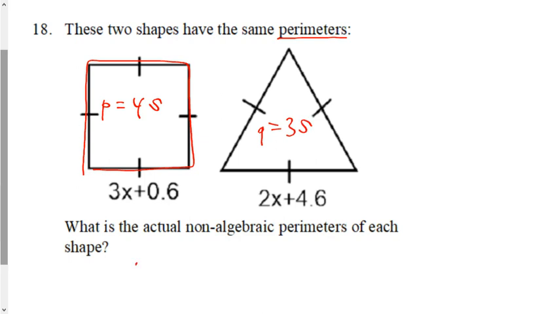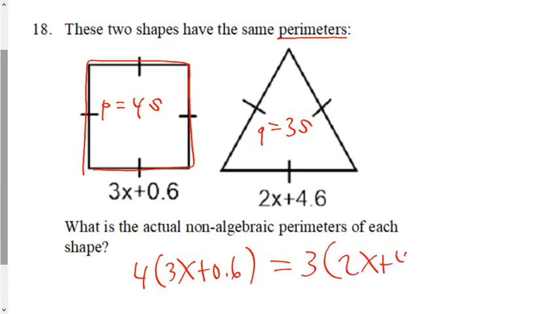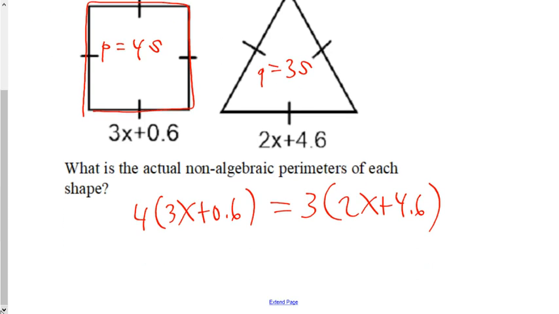So the square will be 4 multiplied by the side length. That's the perimeter of the square. And the perimeter of the triangle will be 3 multiplied by the side length. So when we have this, expand it using the distributive property.